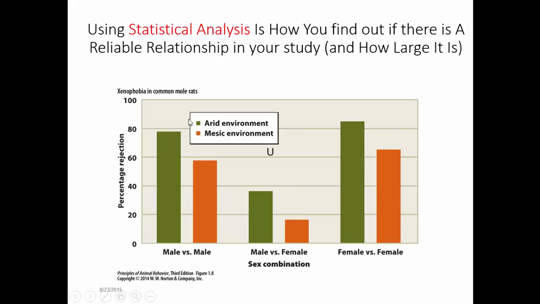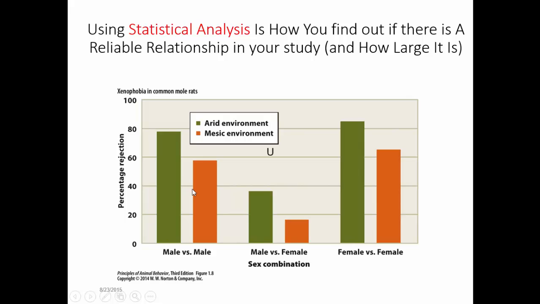So we have divided between the green and the orange rectangles here the arid or dry environments and the mesic or moist environments. The arid environments are the resource scarce environments. The mesic are the resource rich environments, because how much rain they get, how dry it is, decreases the food resources for these guys.